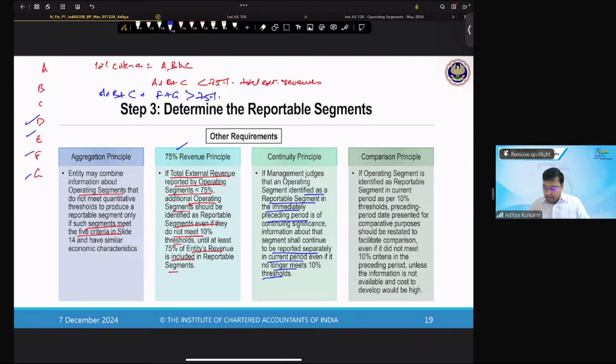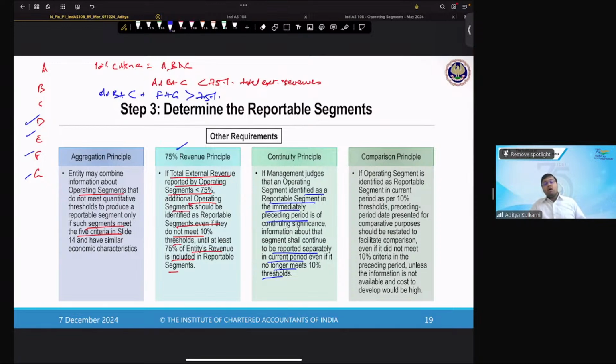Okay. Comparison principle. Now, in this year, I got a reportable segment which was not reportable in the previous year. This is the opposite of continuity. In continuity, last year it was reported, current year it is not reportable, and I continue to report. In the comparison criteria, the current year a segment became reportable, and the previous year it was not reportable.